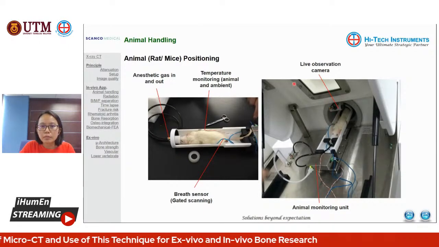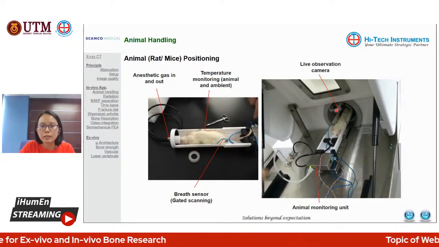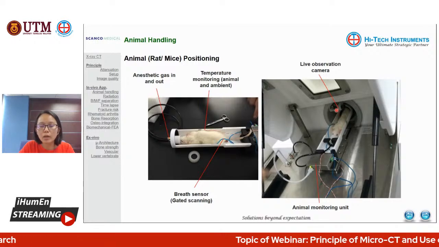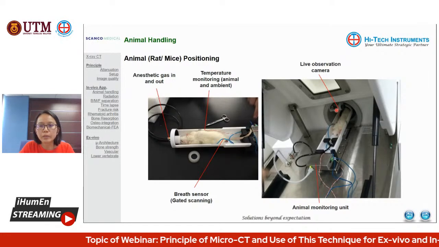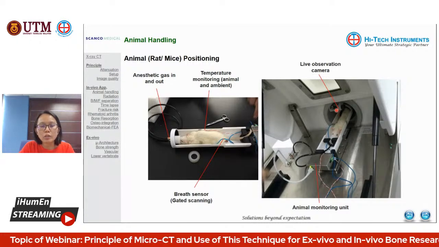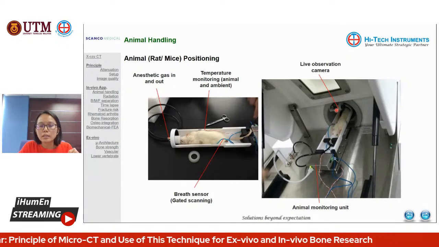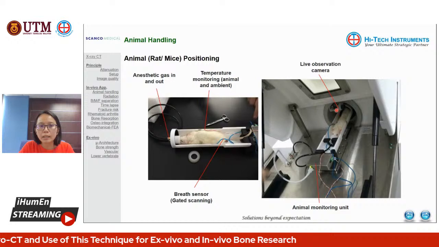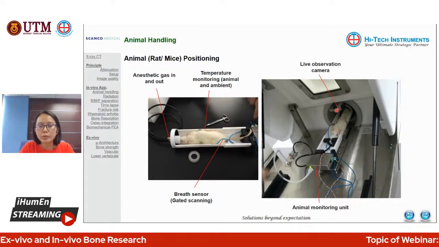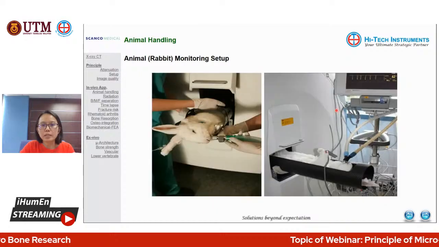As you can see here, there is another live observation camera that you can use to monitor the activity, or if there is any reaction or any sign of the animal gaining consciousness. So those are the few things that can help with the animal handling during the scanning process.